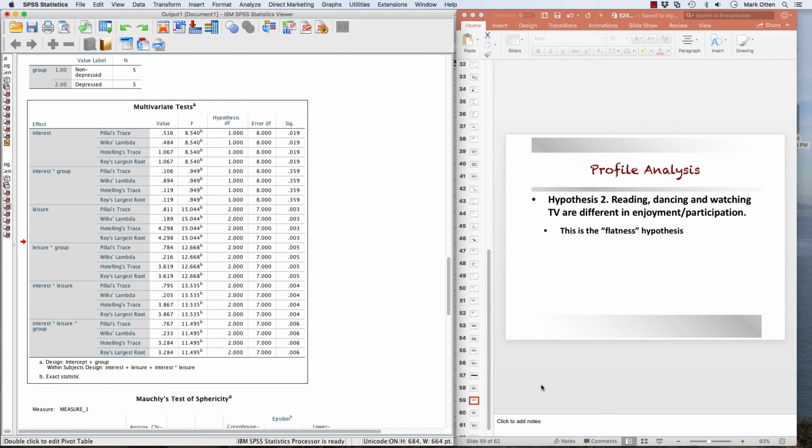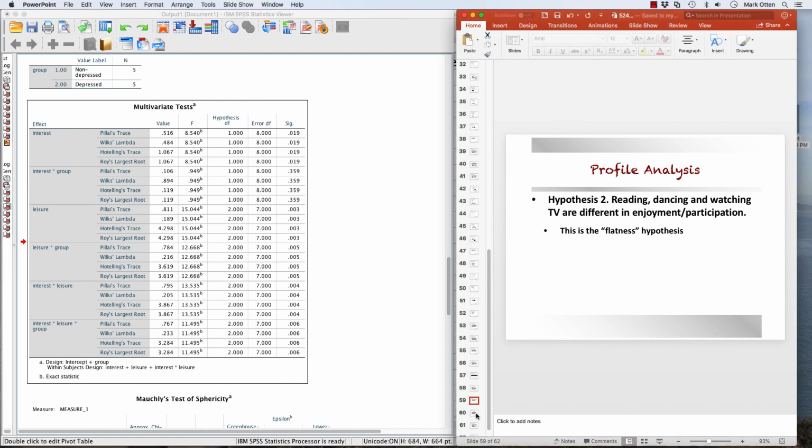Technically here you would follow up with 2 profile analyses, one for enjoyment and one for participation, and you would make a conclusion about each and maybe narrow down that, okay, reading and dancing and watching TV are different for enjoyment, let's say, but not for participation, or vice versa.